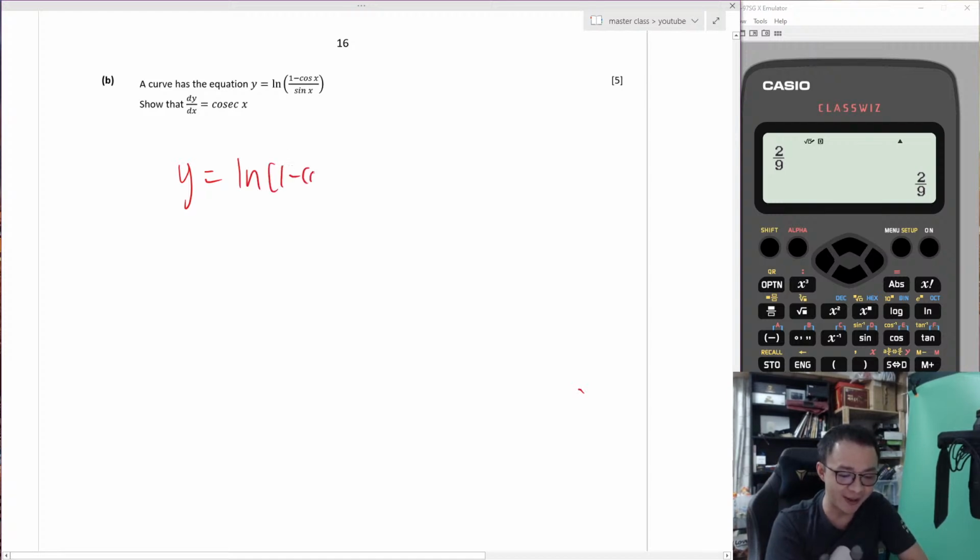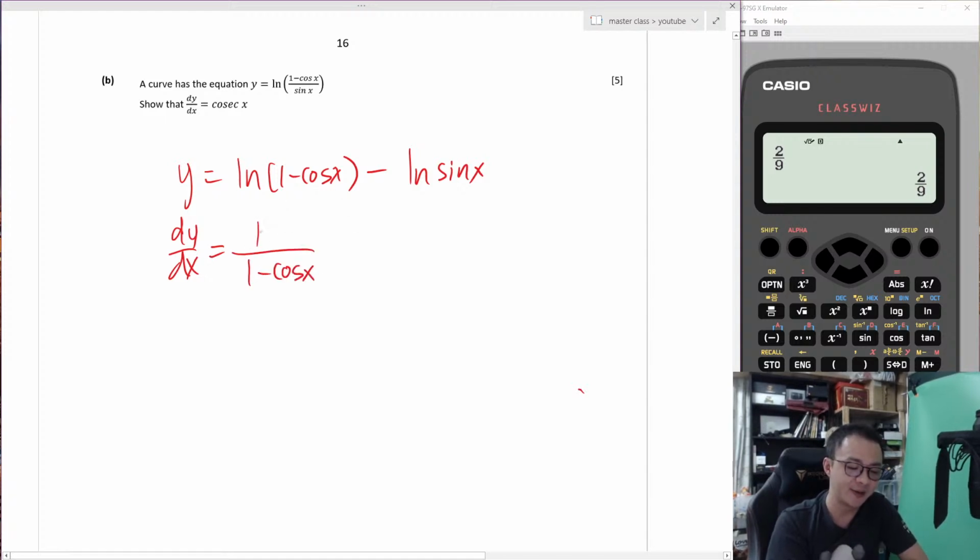So this is ln of 1 minus cos x minus ln sin x. Alright, then now only I do dy dx. So this is 1 over 1 minus cos x. Differentiate negative cos x will give me positive sin x. Minus this 1 over sin x. Differentiate sin x will give me cos x.